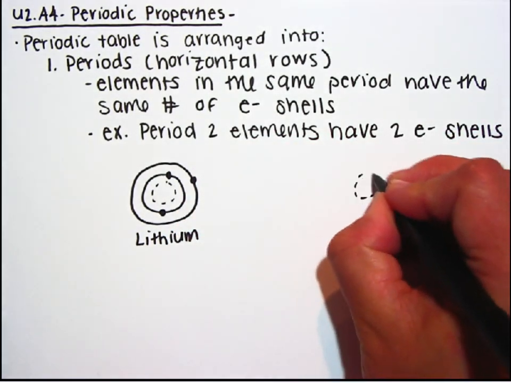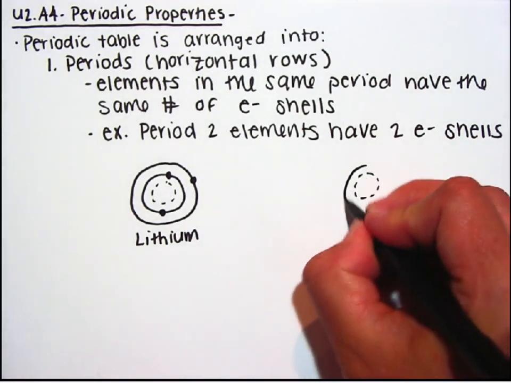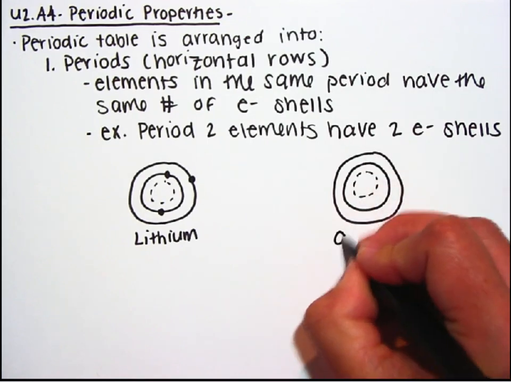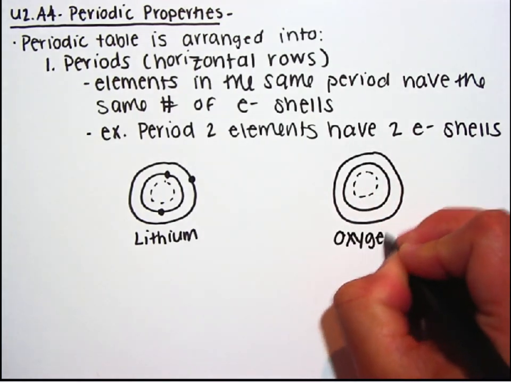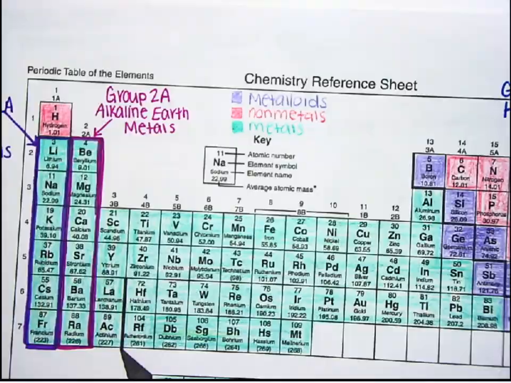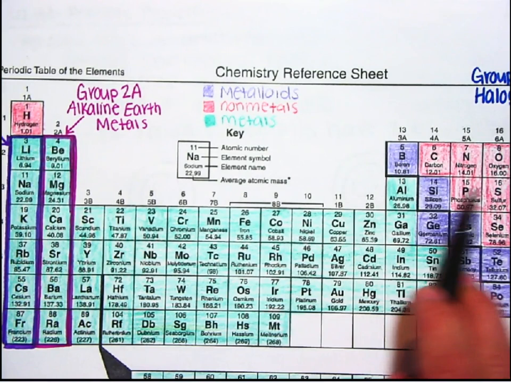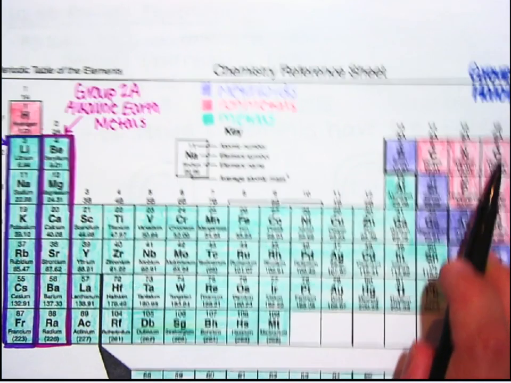We could also look at a Bohr diagram of oxygen. So oxygen is also in the second energy level.